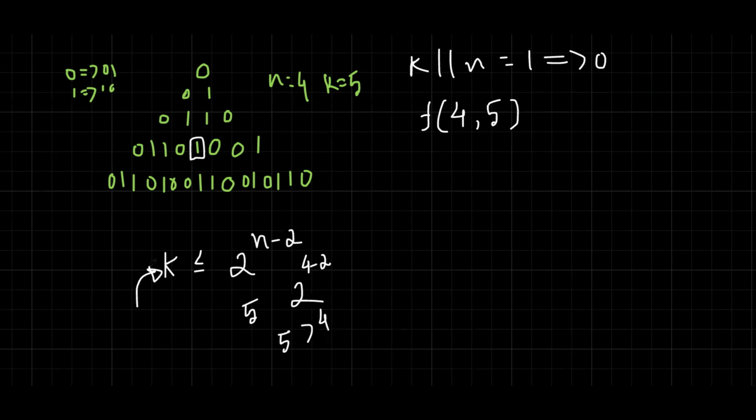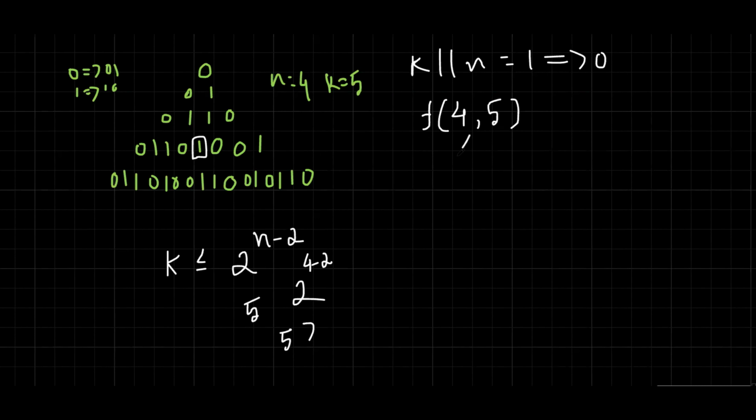In this case, we have to recursively call the function on n equal to 3, which is the previous row, and here the value of k will be 1. Why is n 3 and k 1? Let's see. Initially, we called our function on this position, right?